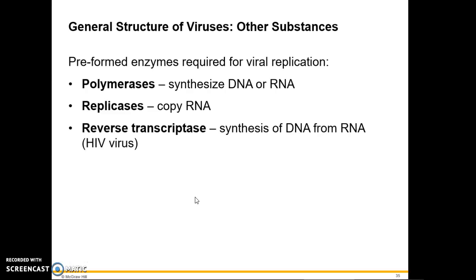The reason that these enzymes need to be preformed is because viruses don't have the equipment to make their own enzymes. They don't have the equipment to synthesize DNA themselves. And there are even some viruses, interestingly enough, that can borrow things from the host cell.